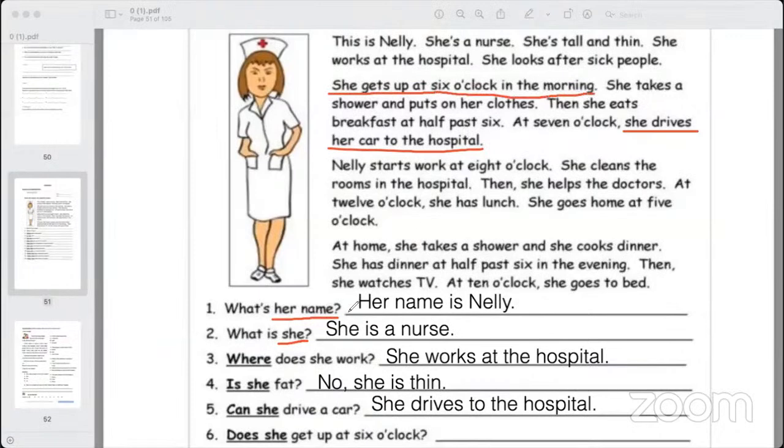So it is right. So how will you write your answer as a full sentence? Does she get up at 6 o'clock? Easy.